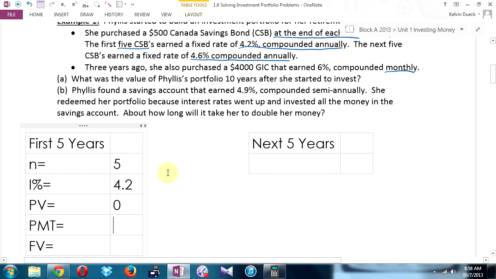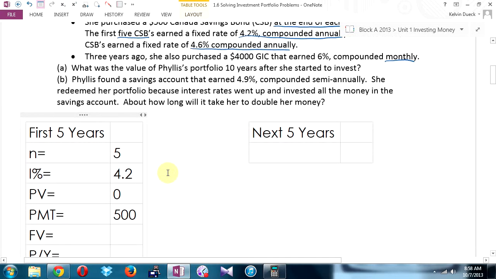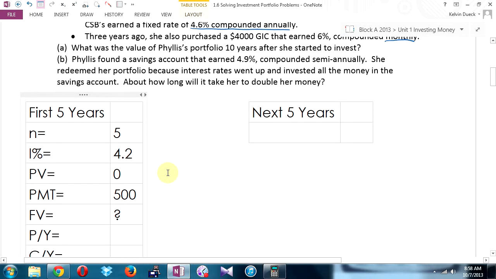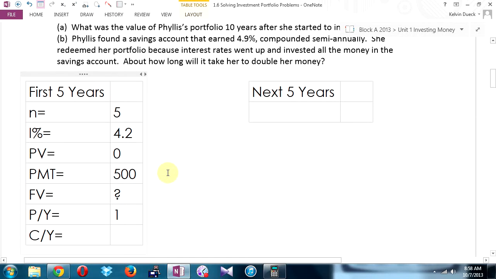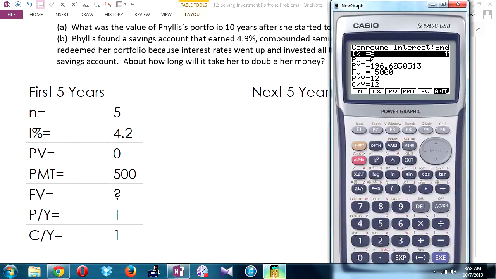What's her payment? $500 a year. Final value, I'll put a question mark and fill that in after we get an answer. Payments per year, 1. Compound periods per year, 1. Let's use the technology: 4.2, 0, 500, don't know, 1, 1.